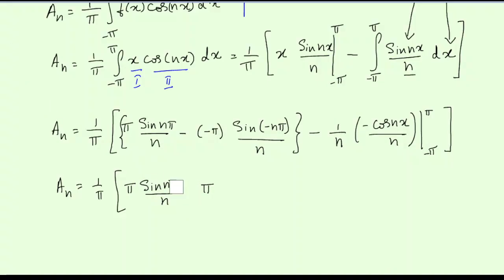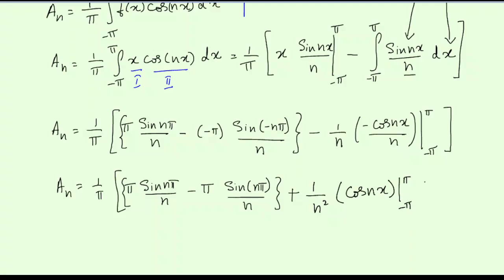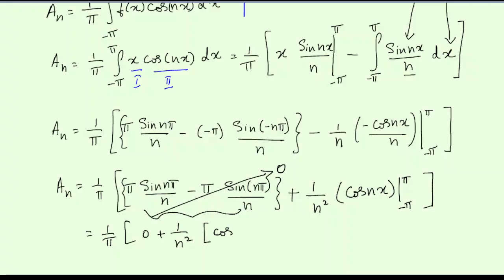So this plus becomes minus sin n pi divided by n minus, again minus into minus, this minus into this minus becomes plus, this n multiplied by this n becomes n squared. We are left with cos nx between the limits pi and minus pi. So this is 1 by pi. This entire thing becomes 0 plus 1 by n square cos n pi minus cos minus n pi.